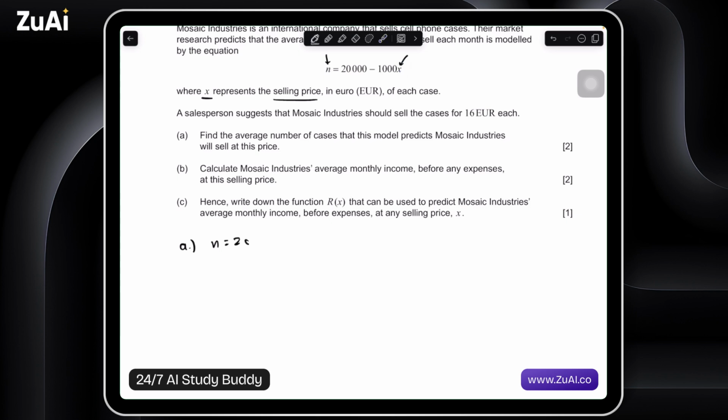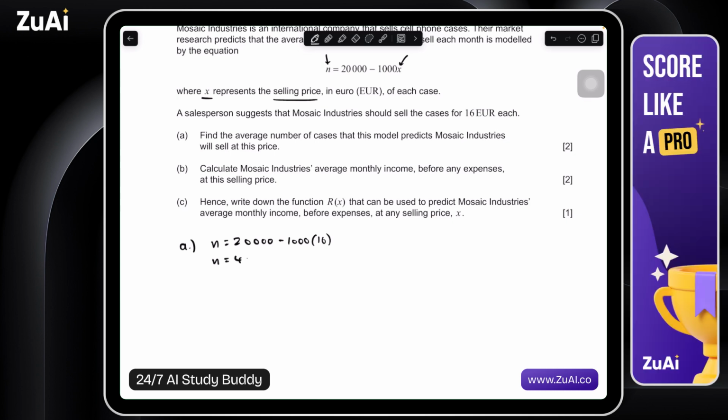This looks like an input-output kind of question. Our price per case was 16, so let's input that price of 16. It should give us 20,000 minus 16,000, which gives us 4,000 cases. Not too bad for a 2-mark question.